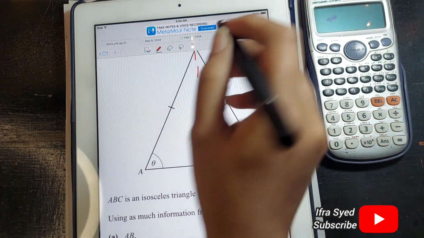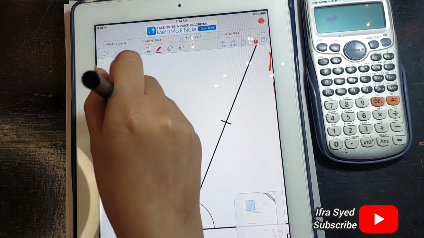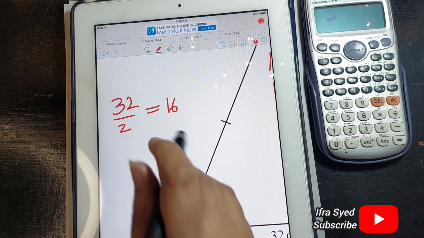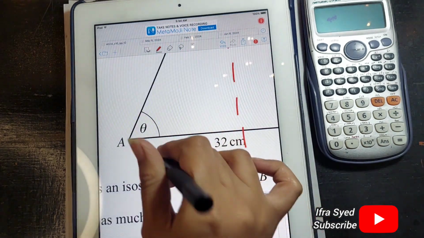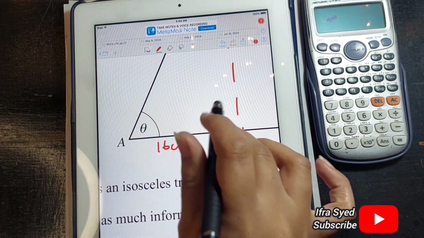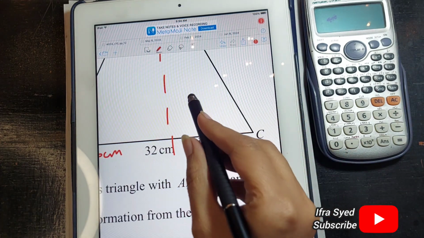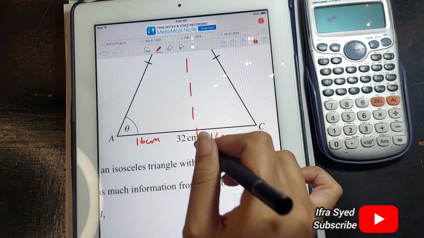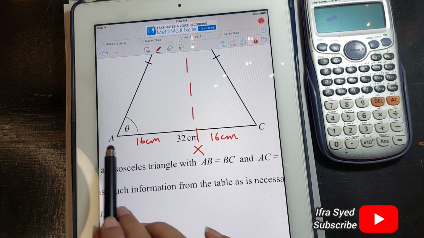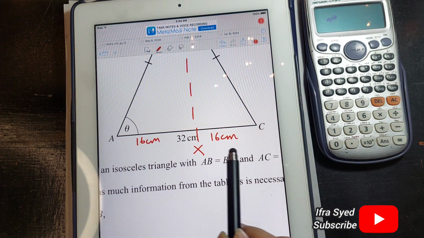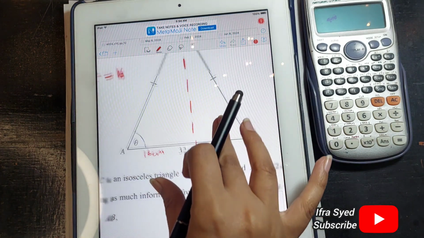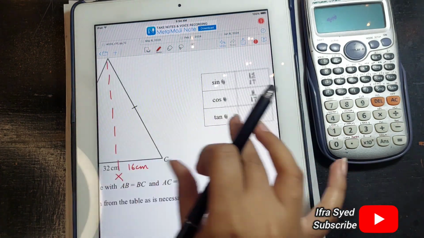So 32 divided by 2 is equal to 16. Each half is 16 centimeters. I name this bisector point X. So the length of AX is 16 centimeters, and the length of XC is also 16 centimeters. Now let's move to this table.